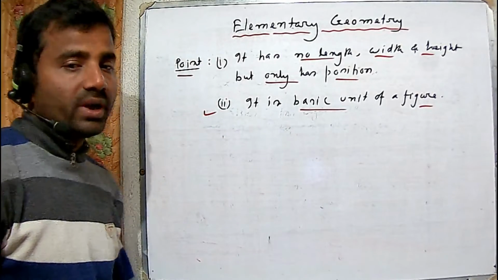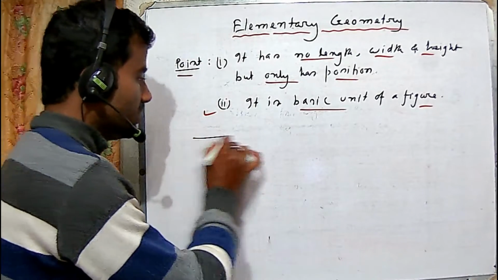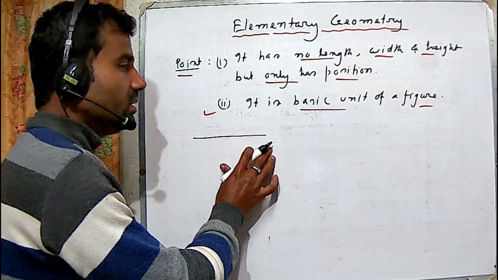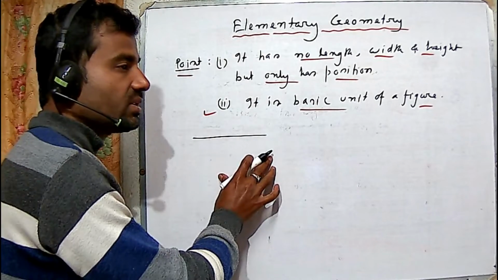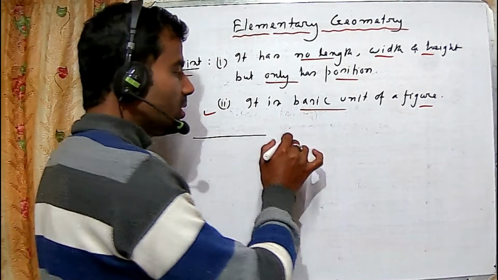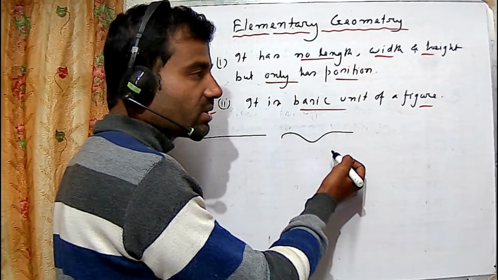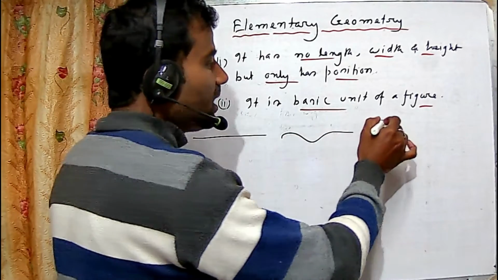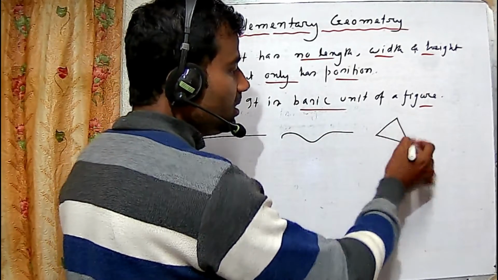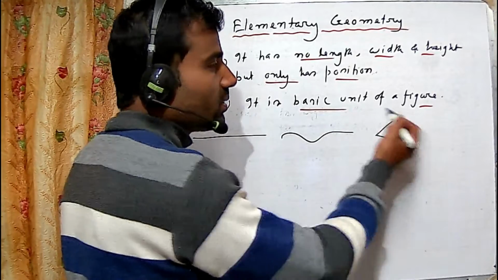If we like to draw any straight line, a straight line is a collection of points. If we like to draw any curve, it is also a collection of points. If we like to draw a triangle, it is also a collection of points.